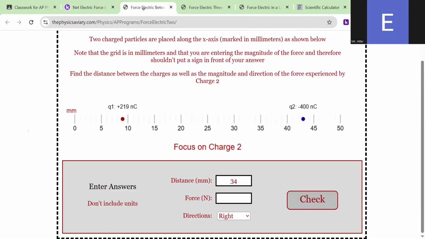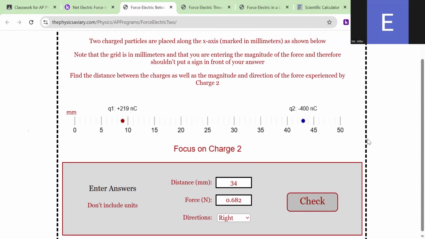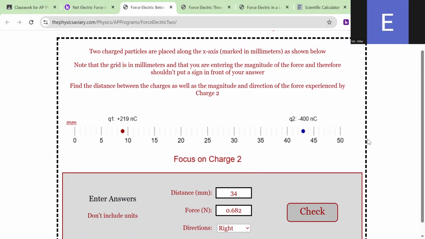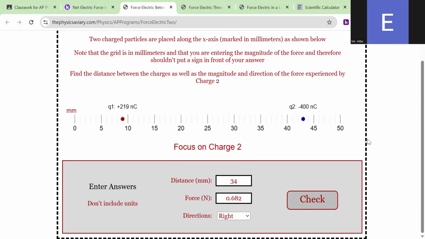Let me put that information in the program and let's see how we did. This up here to the left.